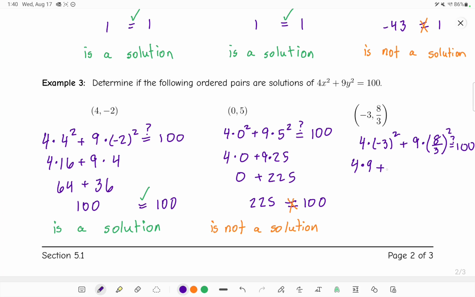So is negative 3 squared. 8/3 squared, well, that's 64 over 9. 4 times 9 is 36. 9 times 64 over 9, the 9's cancel out, so we get 64. 36 plus 64 is 100. So this does work out. So negative 3, 8/3 is a solution.